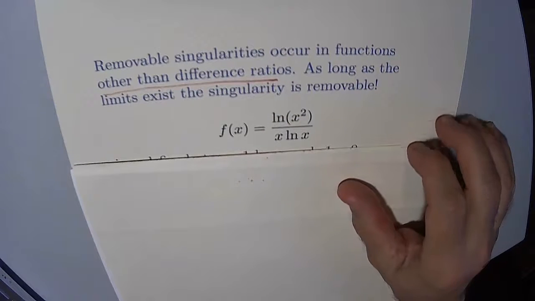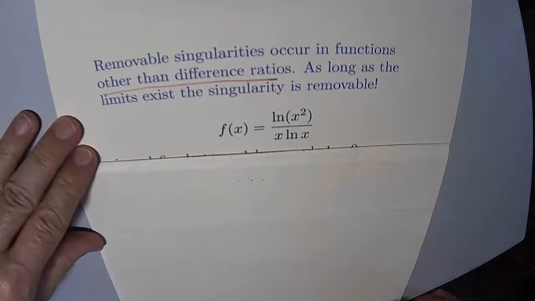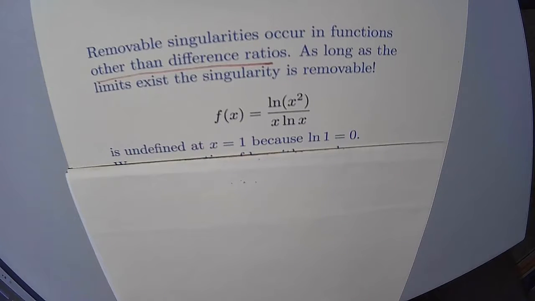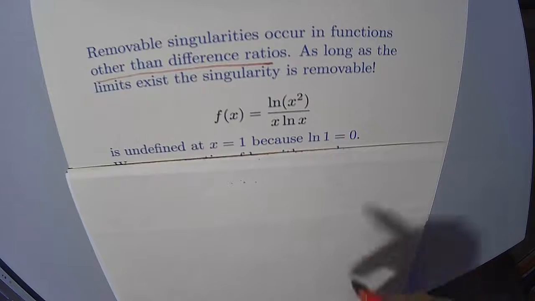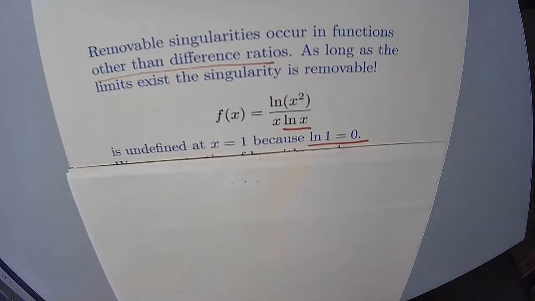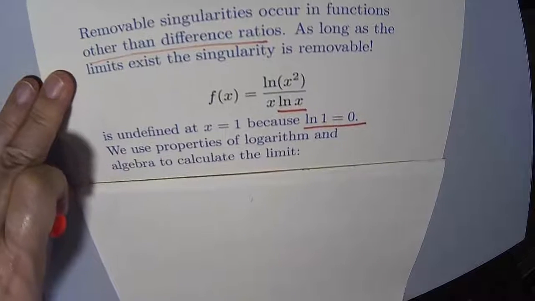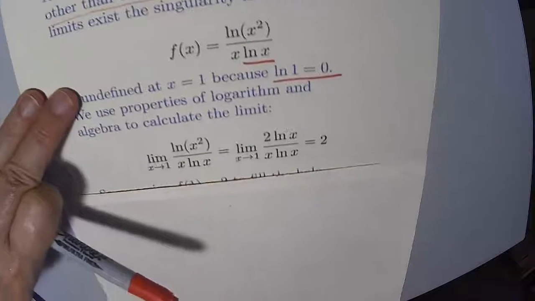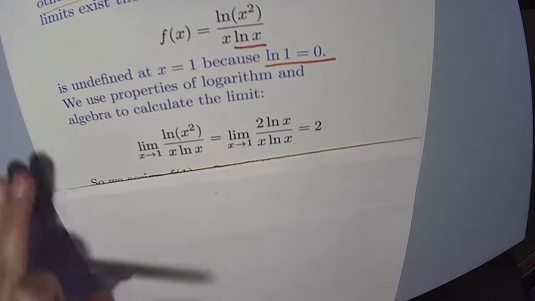Here's, for example, something that is not a difference ratio, and it is also not defined at x equal to 1 because natural log of 1 is 0, and if I put x equal to 1, I get 0 there in the denominator. But the way to deal with this is by using the properties of log or logarithm to simplify the expression.